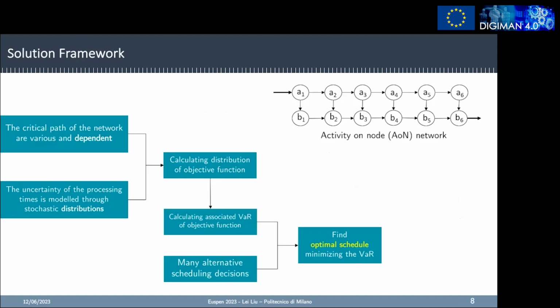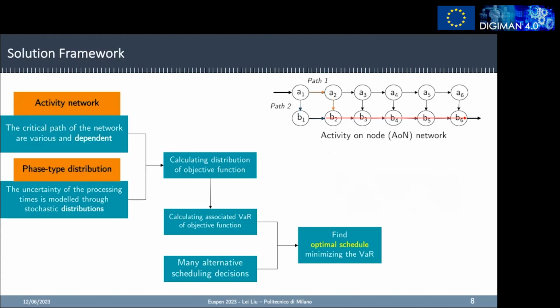Okay, now I'll give the solution framework. The two-machine flow shop can be described by the activity network, but due to the stochastic processing times, the critical path may be various and dependent. And also, we want to model the processing time distributions of the real industrial plant, so we exploit the phase type distribution.